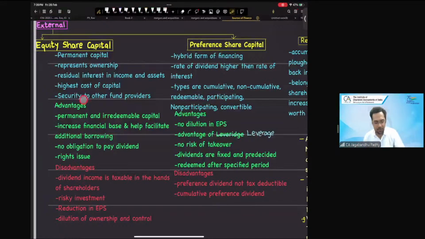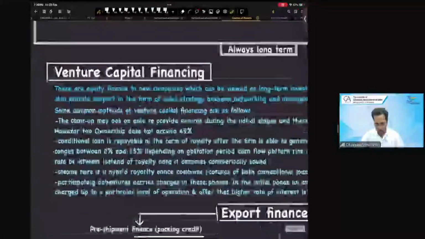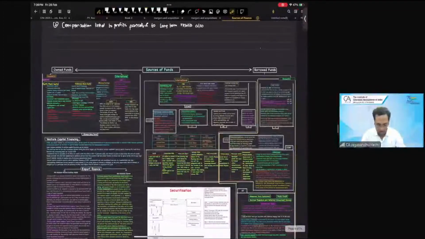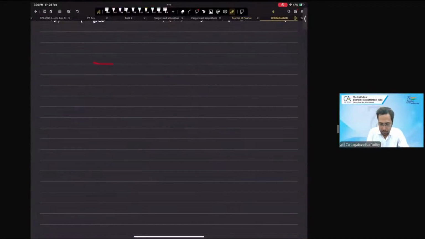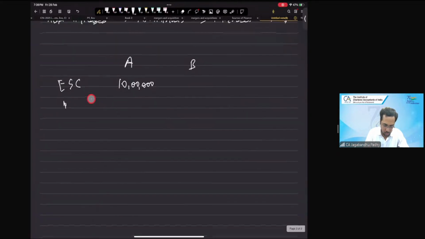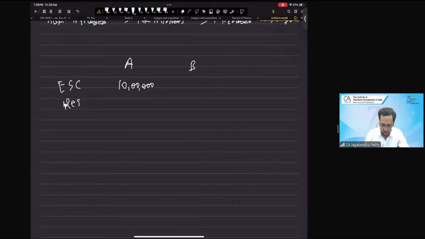Now, what do you mean by other fund providers? How does it provide security to other fund providers? So let's say there are two companies, A and B. A has got an equity share capital of 10 lakh, reserves of, let's say, 1 lakh.